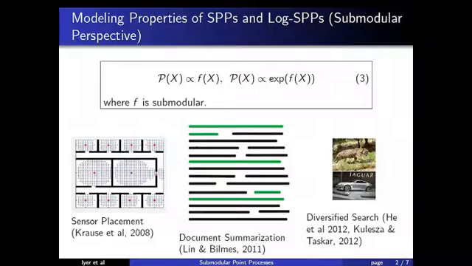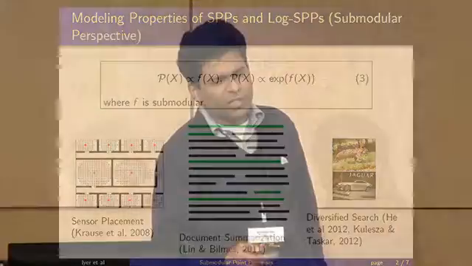So some motivations for both these classes of distributions. Essentially, submodular functions have very naturally been used for a number of real-world applications in the context where one would want to define these distributions with a submodular function.